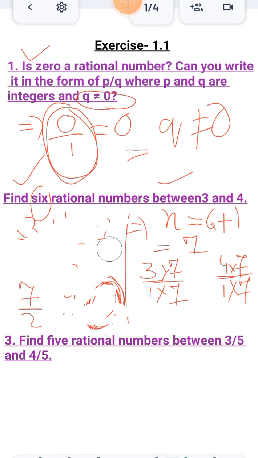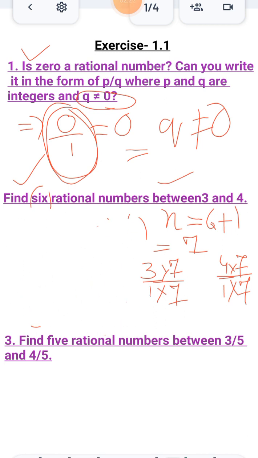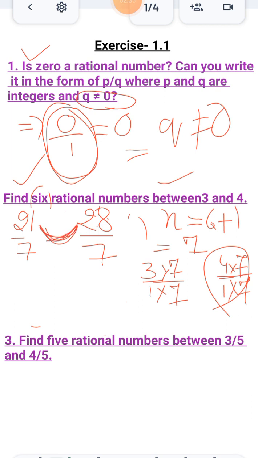So it will be 21 by 7, and the other number will be 28 by 7. So there are 6 numbers between these two rational numbers: 22 by 7, 23 by 7, 24 by 7, 25 by 7, 26 by 7, 27 by 7. So these are 6 rational numbers.